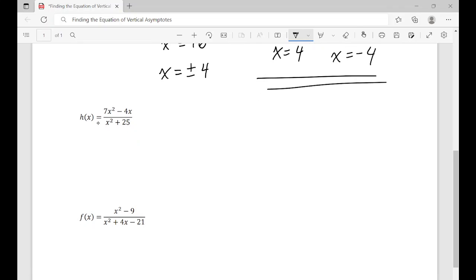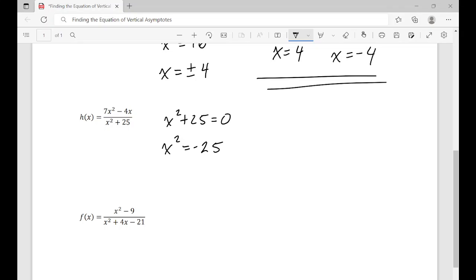For h of x, we have 7x squared minus 4x over x squared plus 25. And though as weird as it looks, there's nothing we could cancel from top and bottom, so this is as simplified as we can make it. So I'm just going to take the denominator, x squared plus 25, and set it equal to 0. Now subtract 25 over to the other side. x squared equals negative 25.